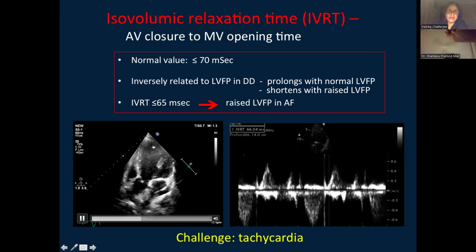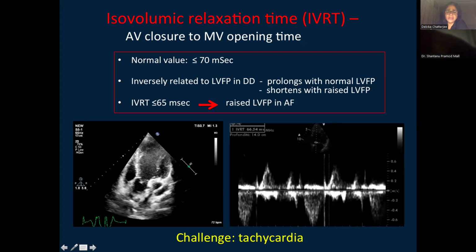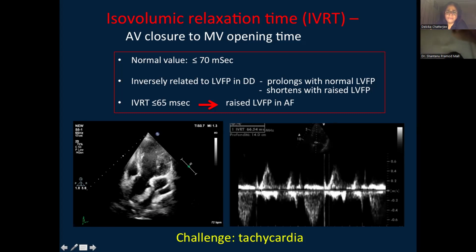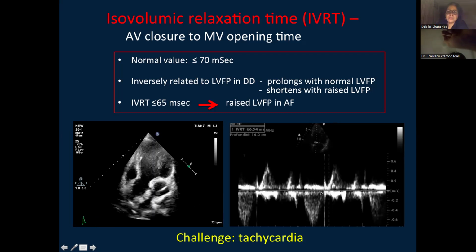We get this value while doing the Doppler from the apical 5-chamber or apical 3-chamber view, keeping the sample volume of the cursor in between the mitral and the aortic. As we do the pulse wave Doppler, we not only get the mitral inflow pattern, we also get the LV outflow pattern.